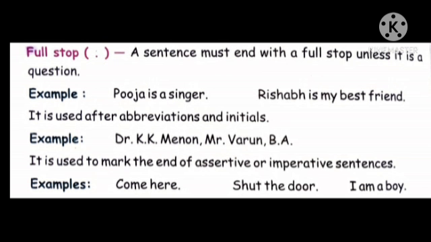For example, come here. Imperative means order. Come here. Shut the door. I am a boy. All these sentences end with a full stop, so we have used full stop here.